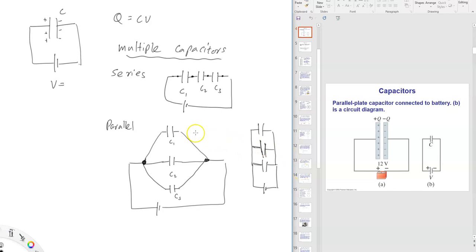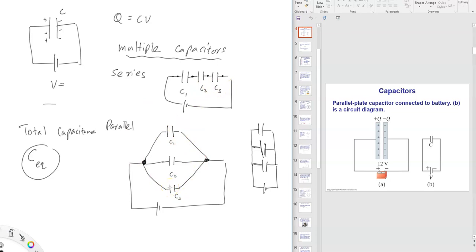We can have combinations. Sometimes in circuits we have to add series-parallel combinations. So depending on how we connect them, whether it's series or parallel, the total capacitance, sometimes we call it C_EQ, the equivalent capacitance, changes depending on how big these capacitors are and what arrangement we have.